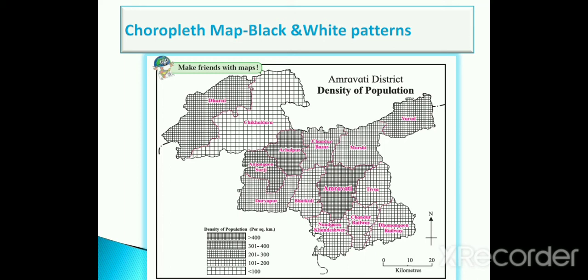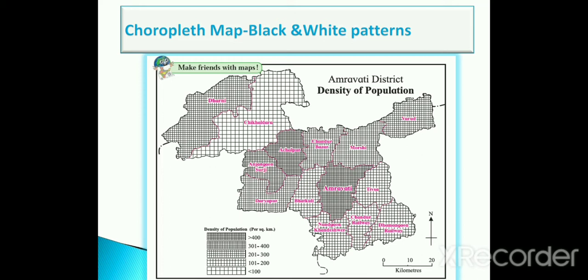So various patterns of black and white colors are used to show distribution of geographical variables in distributional maps. Black and white patterns depend on values. Regions with lesser values of a geographical variable are shown by lighter, that is scattered, black and white patterns. You can see the example of Chikaldara. Chikaldara has very less density of population. That's why scattered black and white patterns are used.